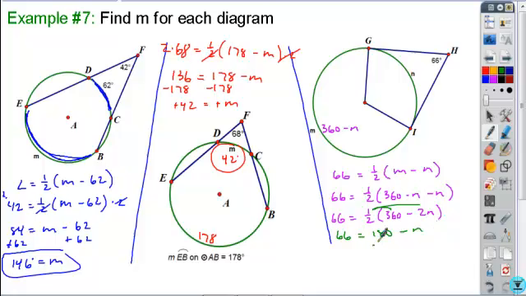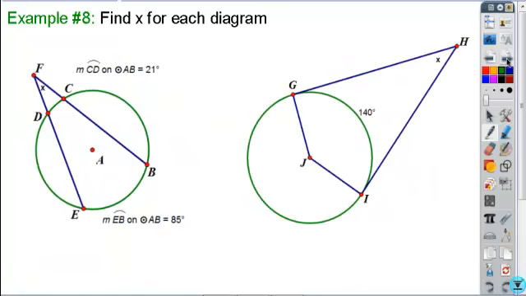And so now, as I subtract my 180 from both sides, I get negative N is equal to negative 114. Change the sign. So my N value is 114, which means what's left for my M value? 246. And so that would be my solution.